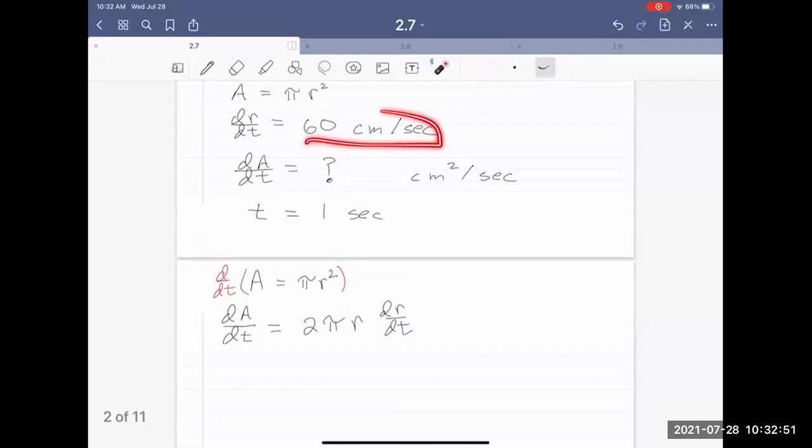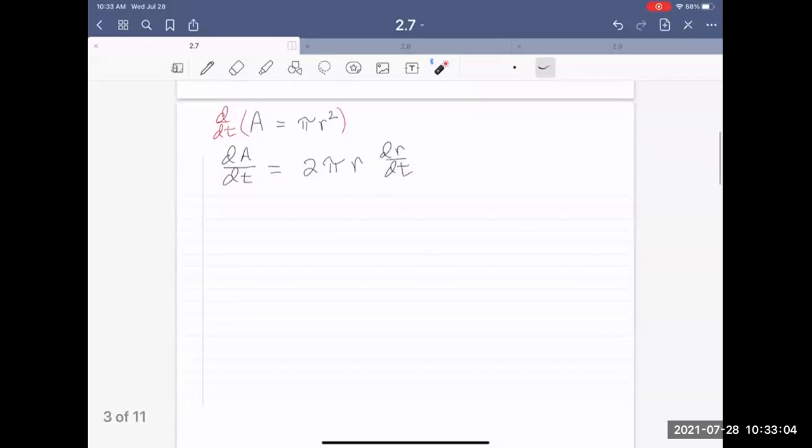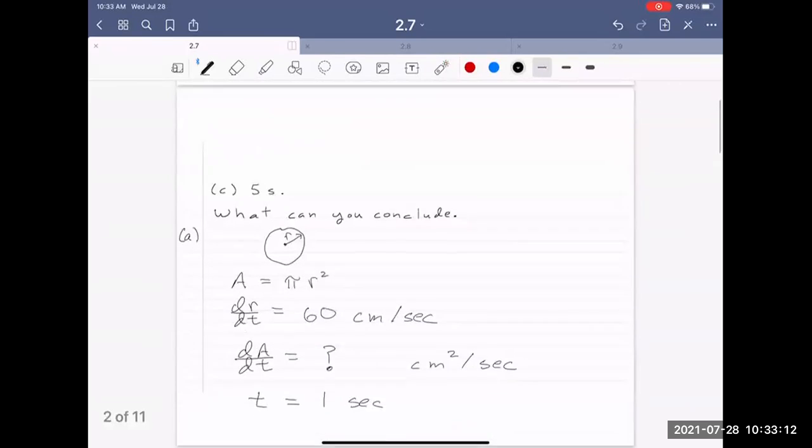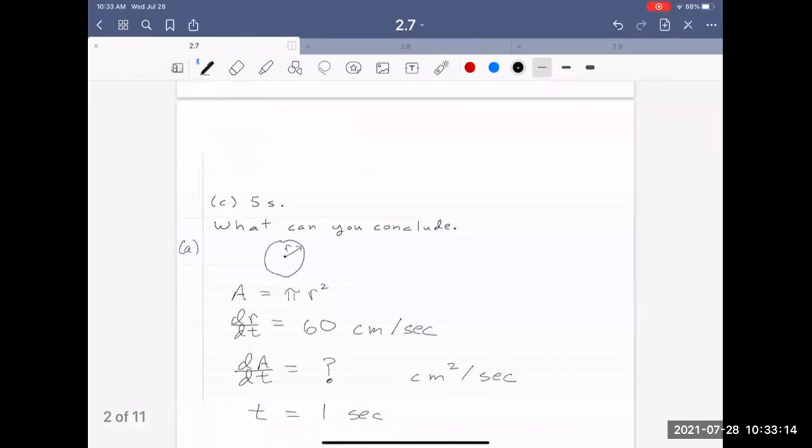Obviously, I know 2 pi, but I don't know r as a function of t. Oh, I got rid of my little drawing.